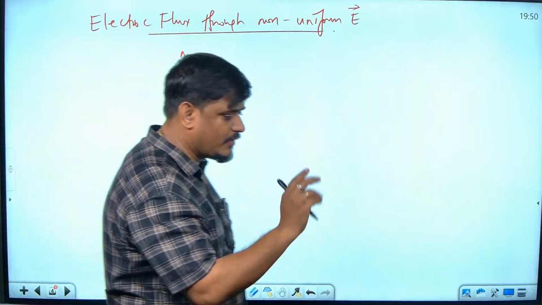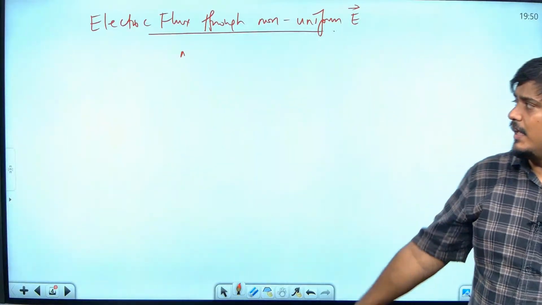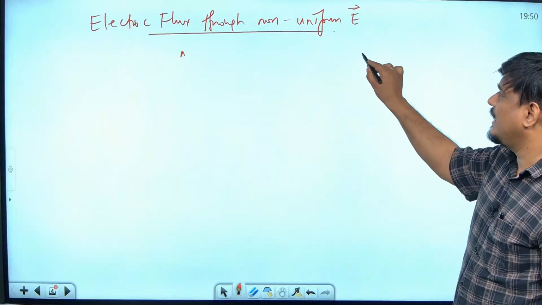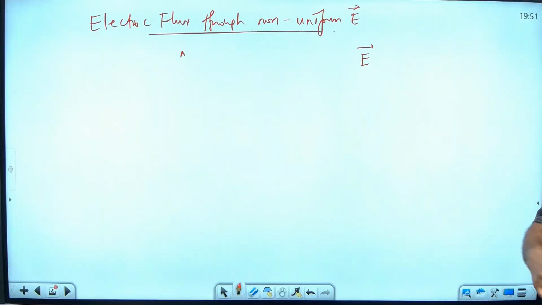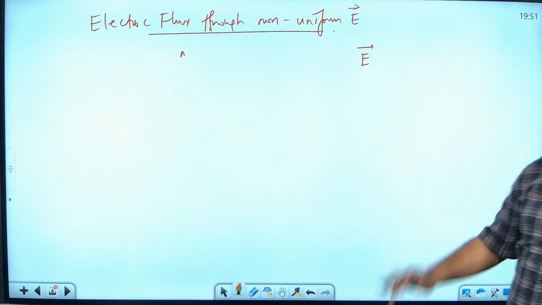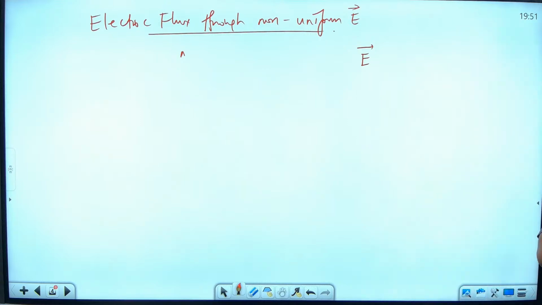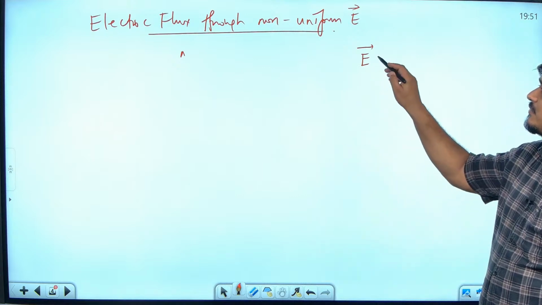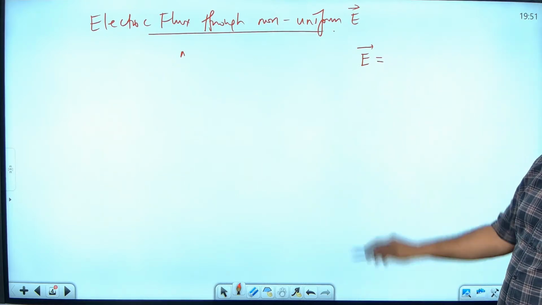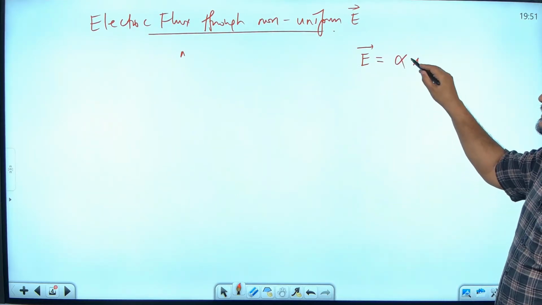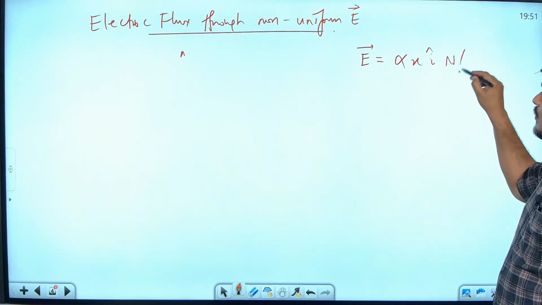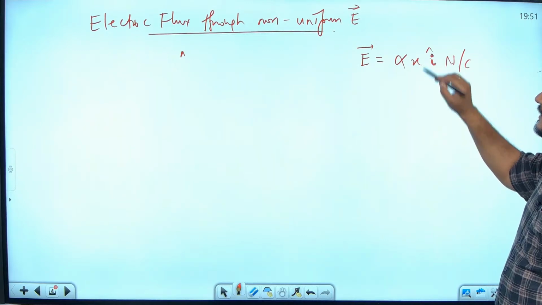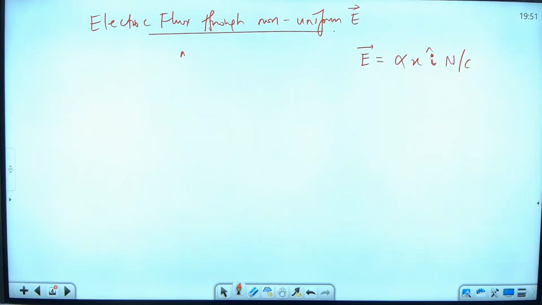They will give you a condition like, for example, electric field is varying or is non-uniform, and it is given by an equation E vector is equal to alpha x i cap Newton per Coulomb.